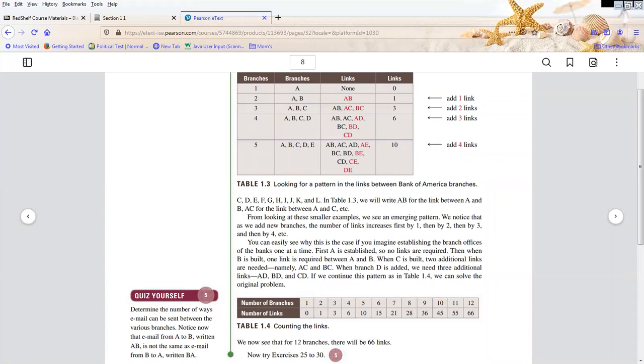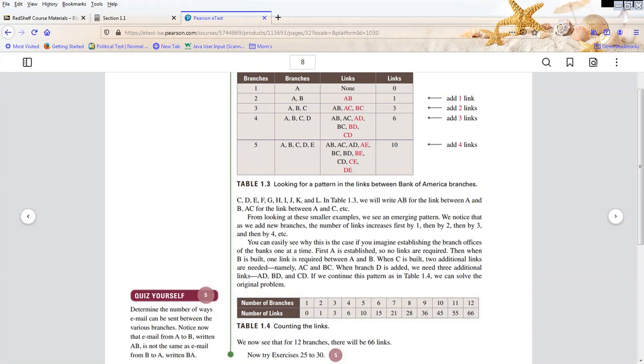In Quiz Yourself question 5, we're asked to determine the number of ways email can be sent between the various branches. Notice that email from A to B, written AB, is not the same as email from B to A, written BA.